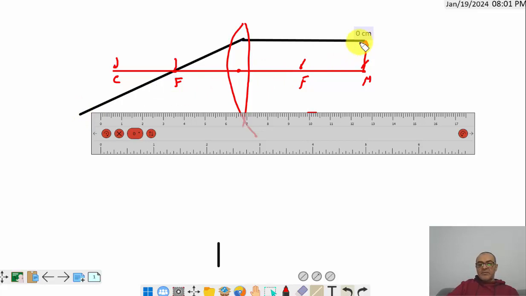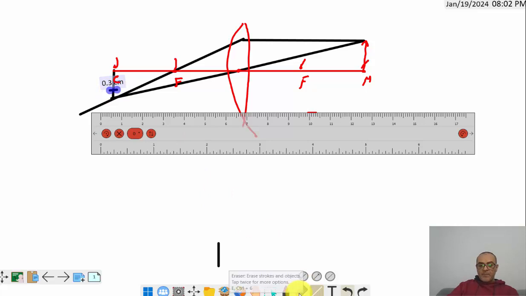The second one passing through the optical center doesn't refract. So here is the image. Yes, it's inverted, but equal to the body. This is the answer to this question.